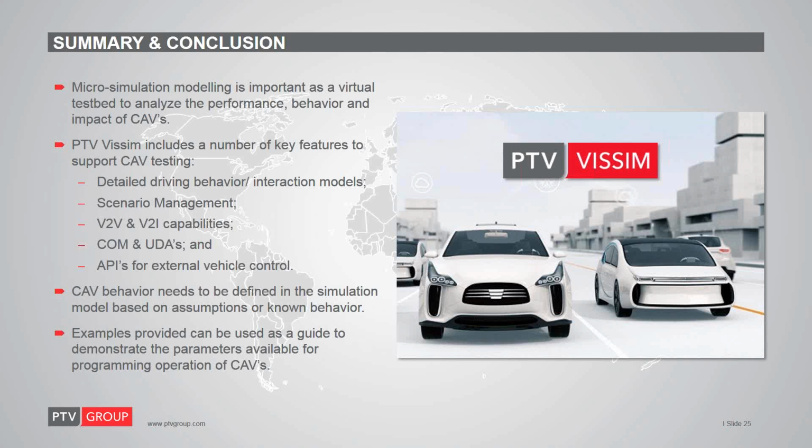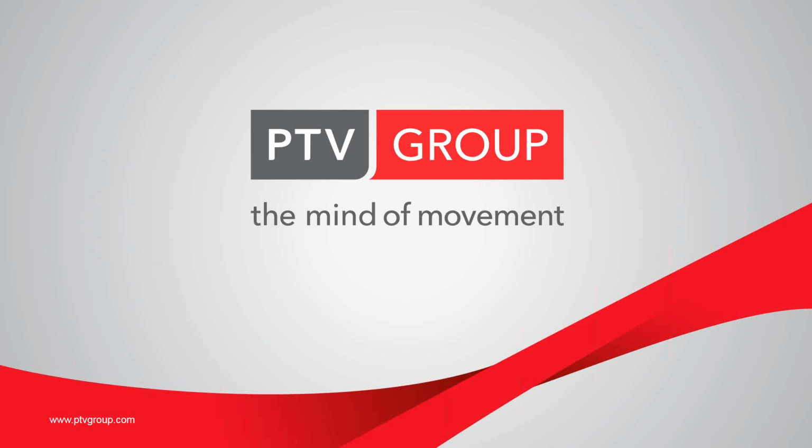So we're not replicating necessarily direct AV driving behaviors, but what we're doing is demonstrating the modeling techniques that you can apply within PTV Vissim to make sure that you replicate the types of AV behaviors that you have been assigned to and that answer the questions that you'd like to ask.